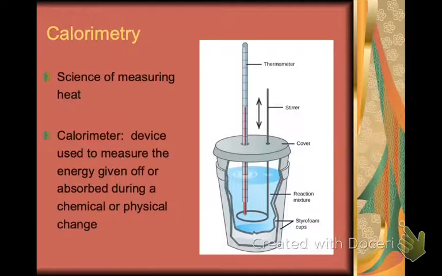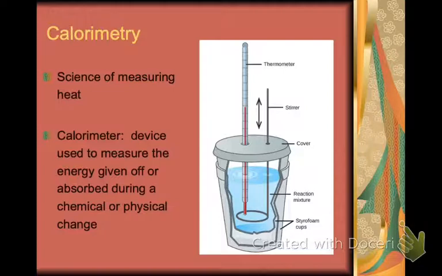Basically we use this styrofoam cup because it insulates the reaction that's happening inside. You can also notice that there's a lid or a cover on top of that styrofoam cup, and going through that cover is a thermometer that can measure the temperature change that's occurring when the reaction's happening, and also something to stir the contents inside.